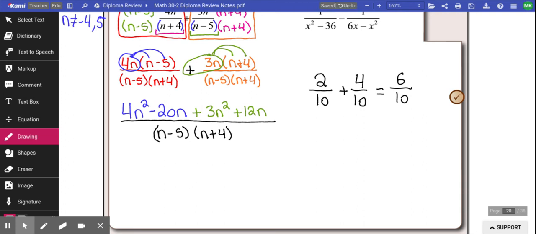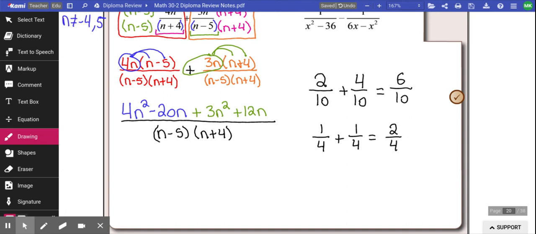That doesn't make sense. Maybe it works better with quarters. 1/4 plus 1/4 equals 2 quarters, right? I don't have 2/8. I don't have 2 of something else. I have 2, and it's still quarters. That's exactly what we've done with this rational expression.